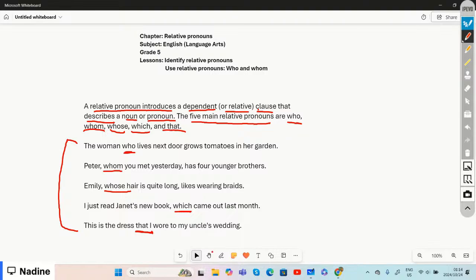All right. And remember, when it comes to relative pronouns, right, it introduces a dependent clause that describes a noun or describes a pronoun.